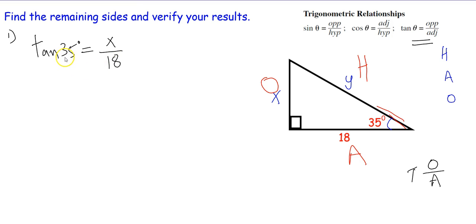Alright, tan 35 equal to opposite side over adjacent side. We have x over 18. 18 is in the denominator. To cancel that 18 from the denominator, multiply by 18. If you multiply the right hand side by 18, do the same thing to the left hand side, that is multiply by 18.